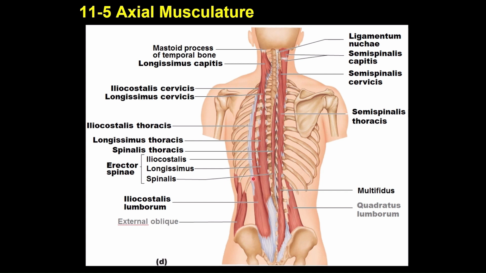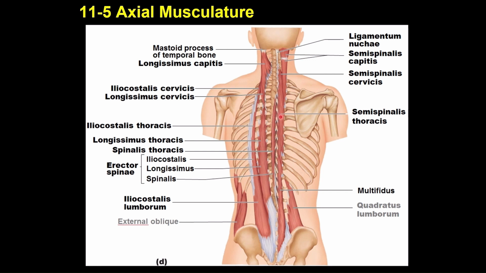Then lateral to longissimus, you have the iliocostalis. So you have iliocostalis lumborum, from the lumbar area, iliocostalis thoracis, and iliocostalis cervicis. If they contract at the same time, it can cause extension of the vertebral column.